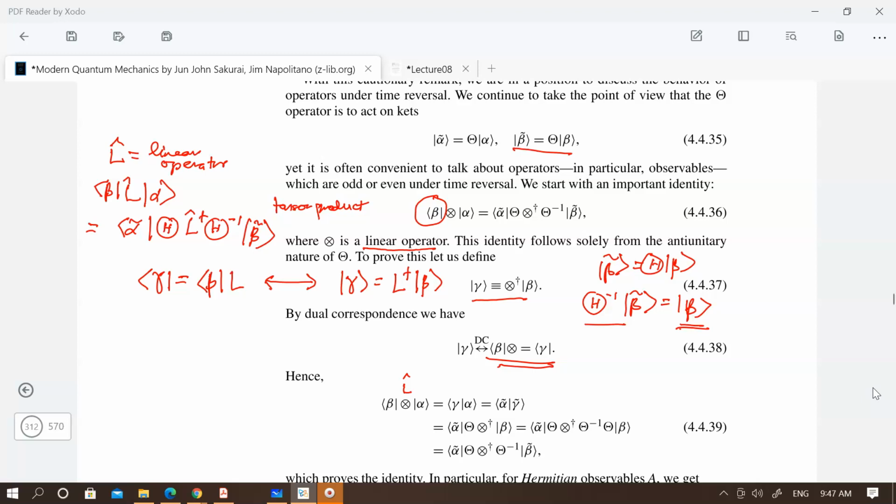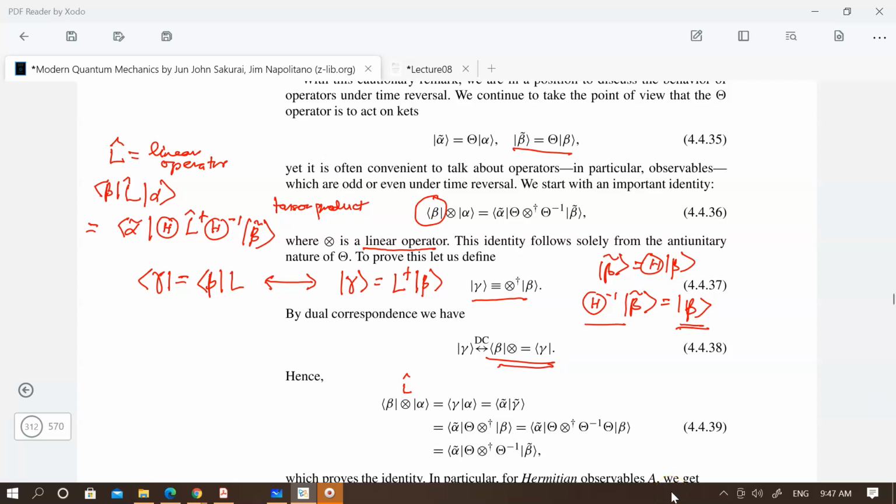But we also know that the relationship between the time reversed one and the original states is just by a complex conjugate. So in other words, gamma alpha here is going to be related to your alpha tilde contracted with gamma tilde.